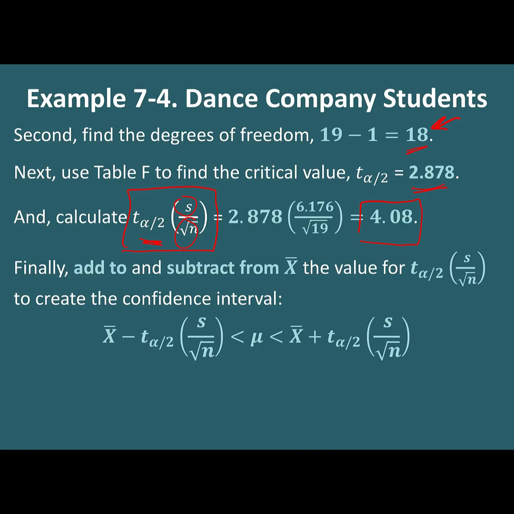Again, here's the formula. We know our sample mean, and we just calculated this expression here, which is 4.08. We will simply subtract and add to the 29.8, giving us 25.72 is less than the mean, which is less than 33.88. This means that we have 99% confidence that the mean is between 25.72 and 33.88.